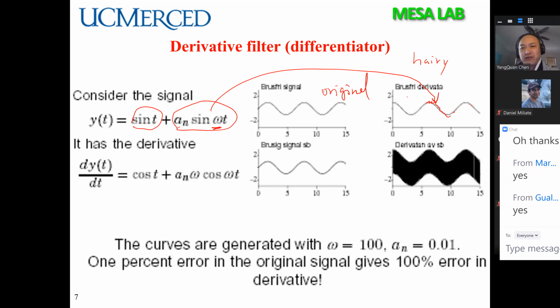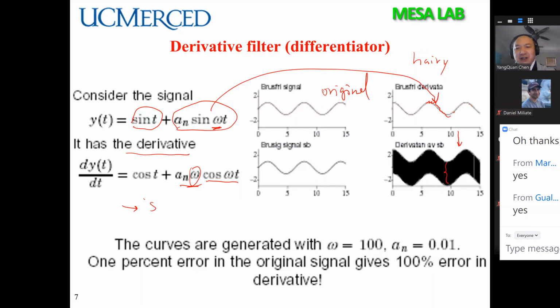However, if you do the derivative, then your omega will come out. Then you have a cosine, which is a 90 degree phase lead. So the black one is because of this omega. In fact, this is like you have s like this. You have sine omega here, and you have omega times sine omega here.